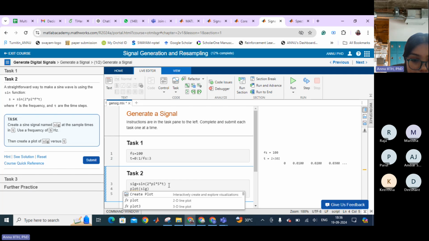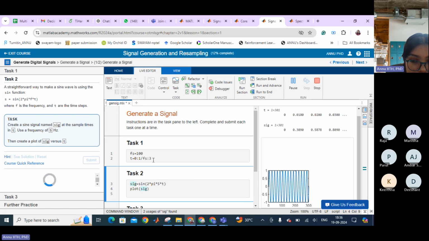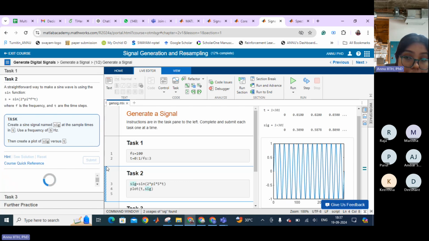Plot sig. So let's do that. We can see the screen. Okay, this is t, because we have to specify the x-axis and the y-axis properly.